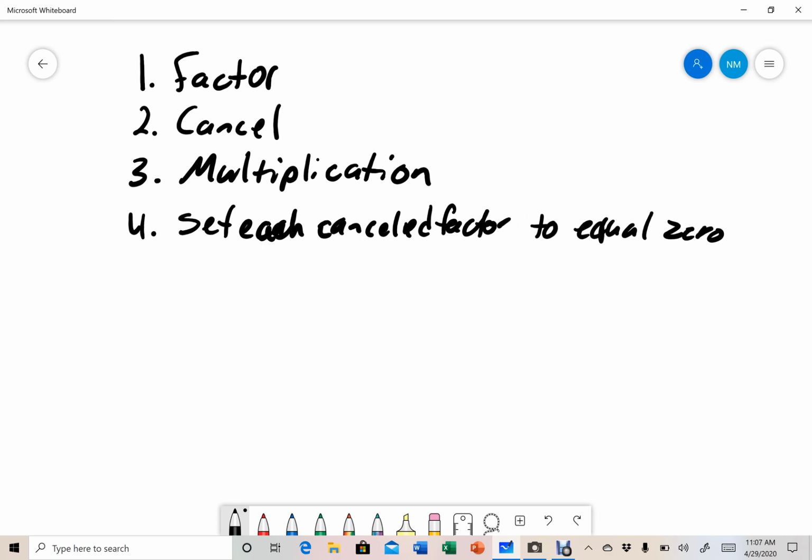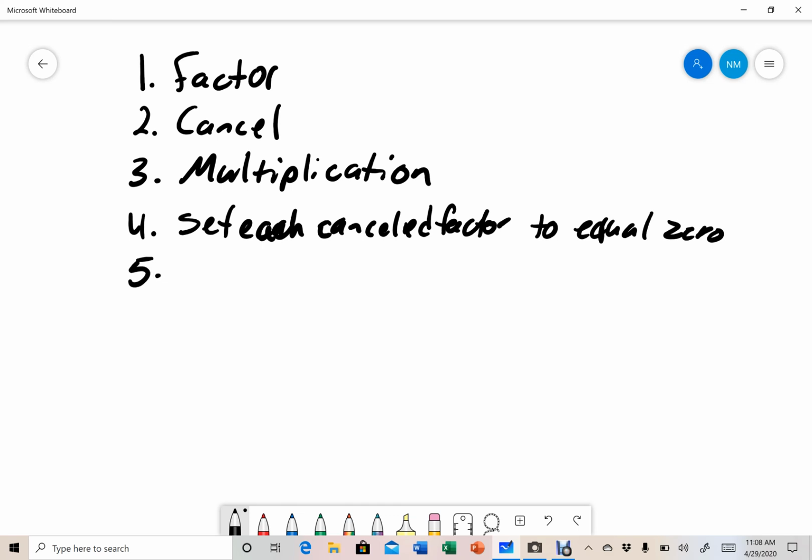Now these are only our variables, okay? So factors that have canceled out that are variables we need to set to equal 0 so that we can state in our answer that those are not included in our domain. They won't work for this problem.